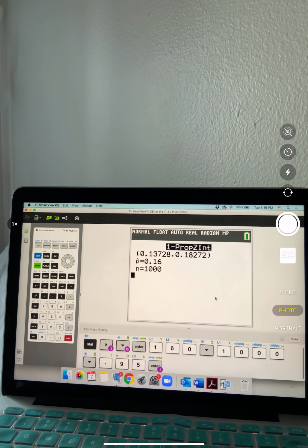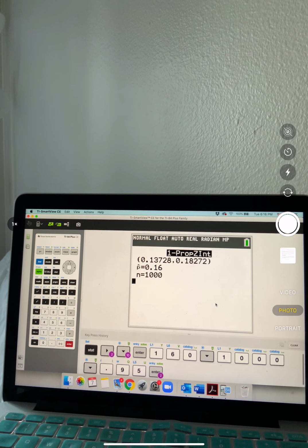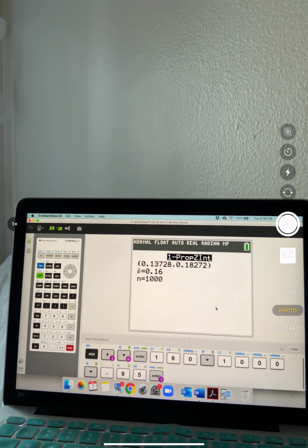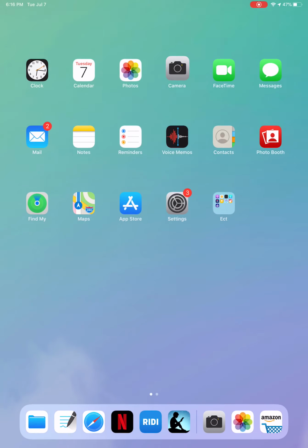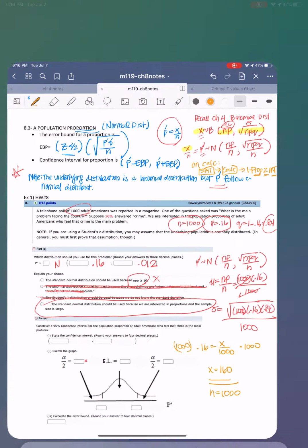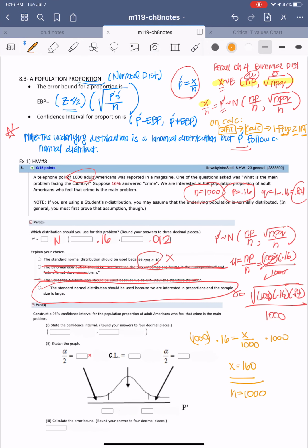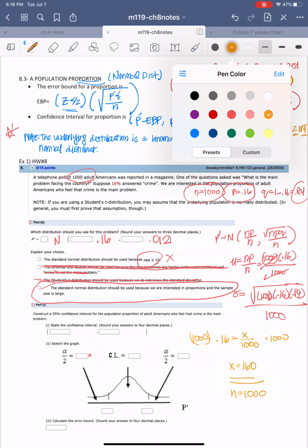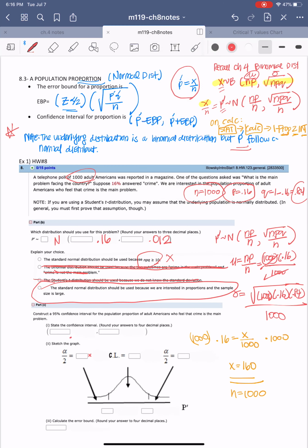Rounding to the 4th decimal place, 0.1373, 0.1827. The confidence level was 95%.